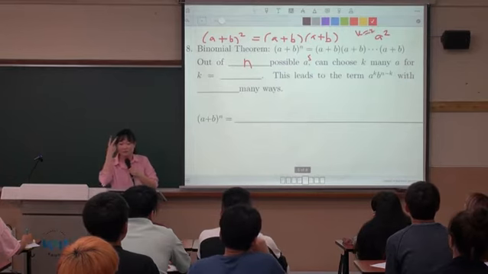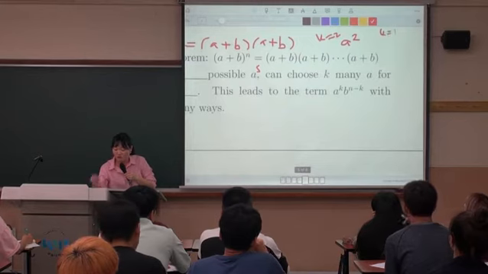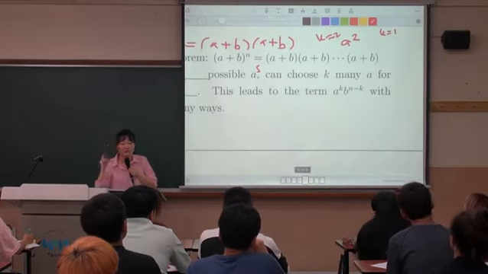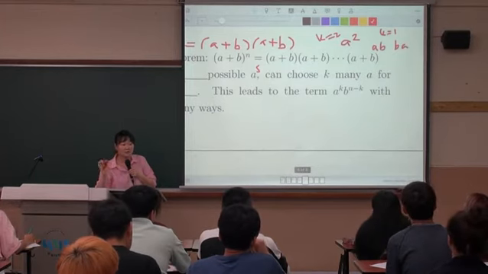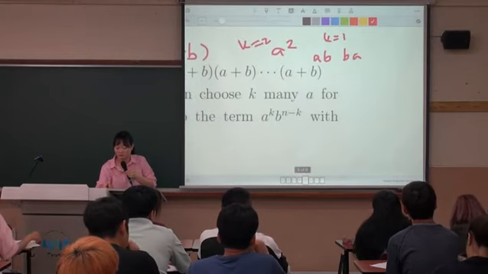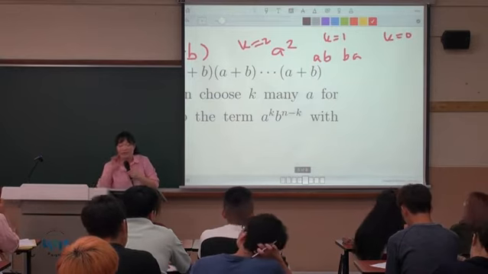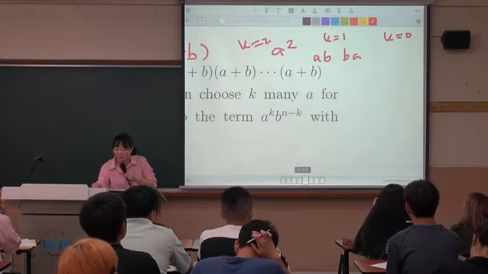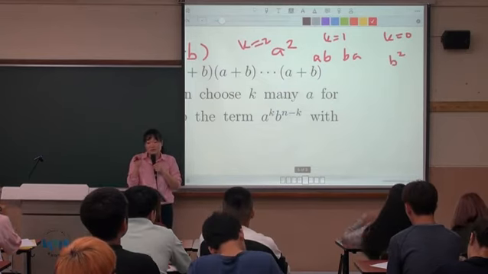A를 두 번 픽하는 거. And then if I choose A once, right? Then what do we get? AB and BA. Order does not matter. 순서 상관없이. Yeah. And if I choose A 0 times, then what do I get? B squared. Then I get all the terms.